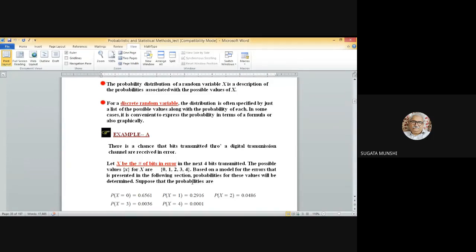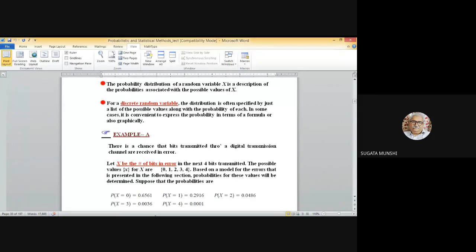So X is the number of bits in error. What are the values that this random variable can take on? There can be a situation where no bit is in error, so in that case the random variable is 0. Remember that by hash, I am representing the words number of bits in error.